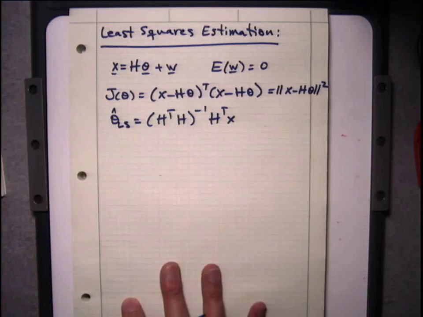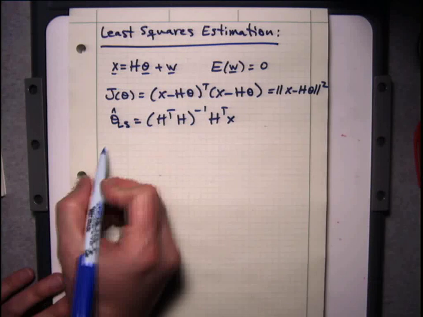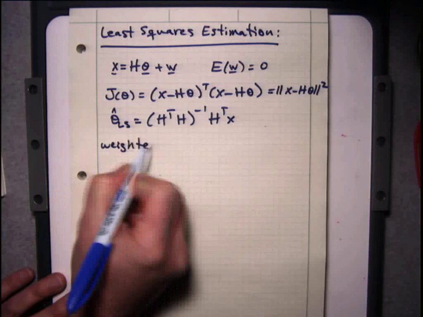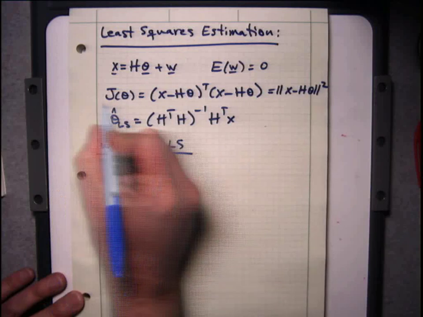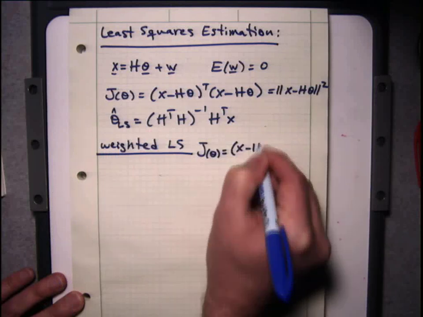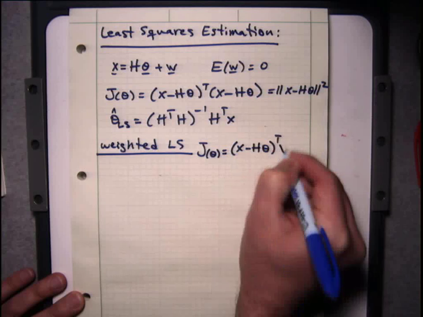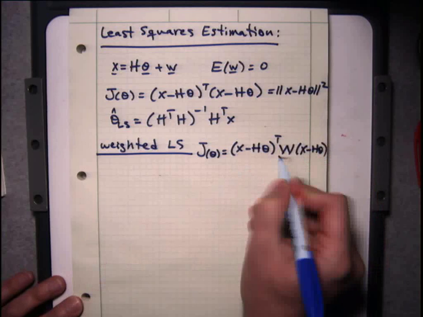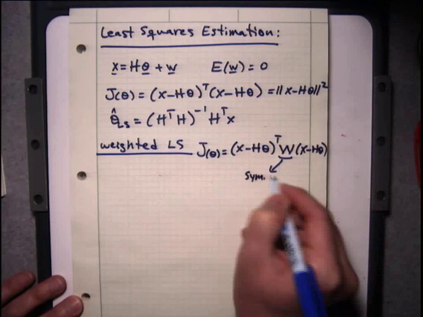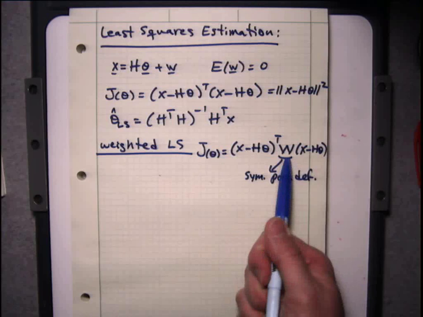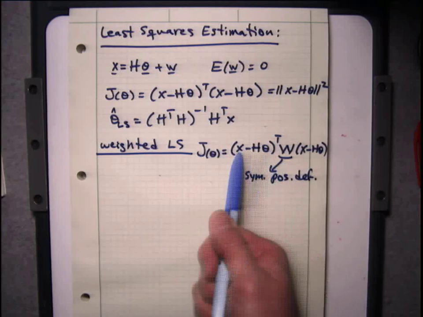A slightly more general version of this is also true. You can also compute what's called the weighted least squares. It's very much like this, except that the J also includes a weight matrix W, applied to x minus h theta. This W is a symmetric positive definite matrix, and it allows you to give different weights to each one of the pieces of this error.